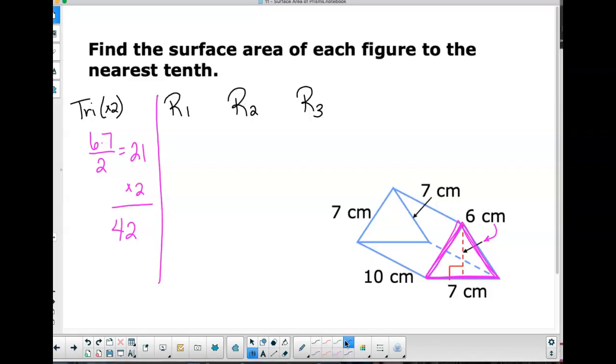I'm going to start with the bottom rectangle. What are the numbers on the bottom? Savannah? 7 and 10. So 7 times 10 is 70.